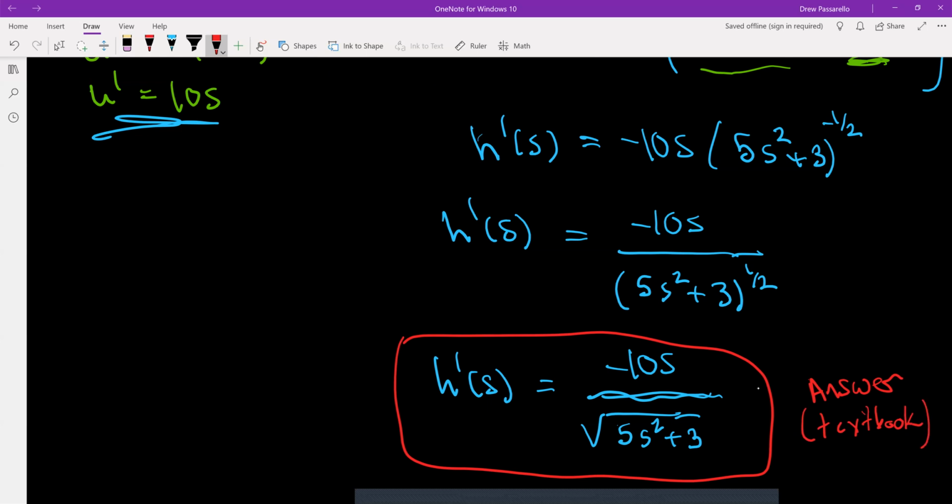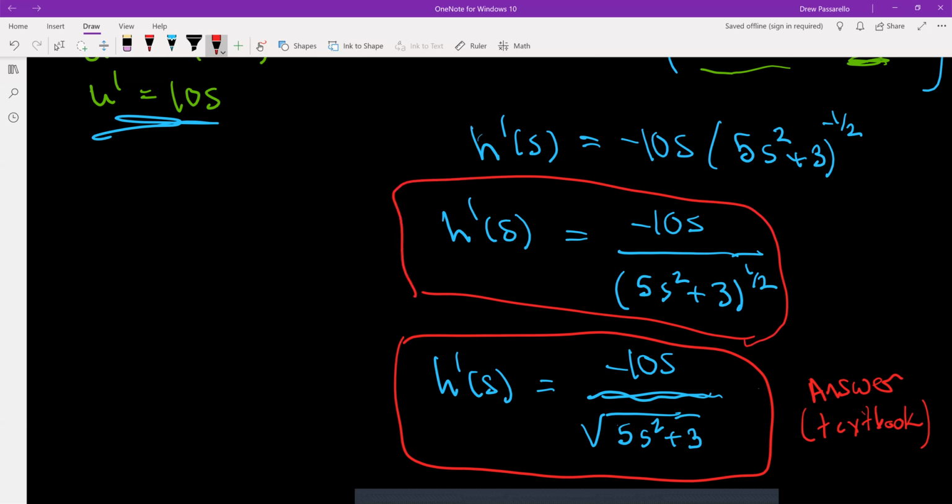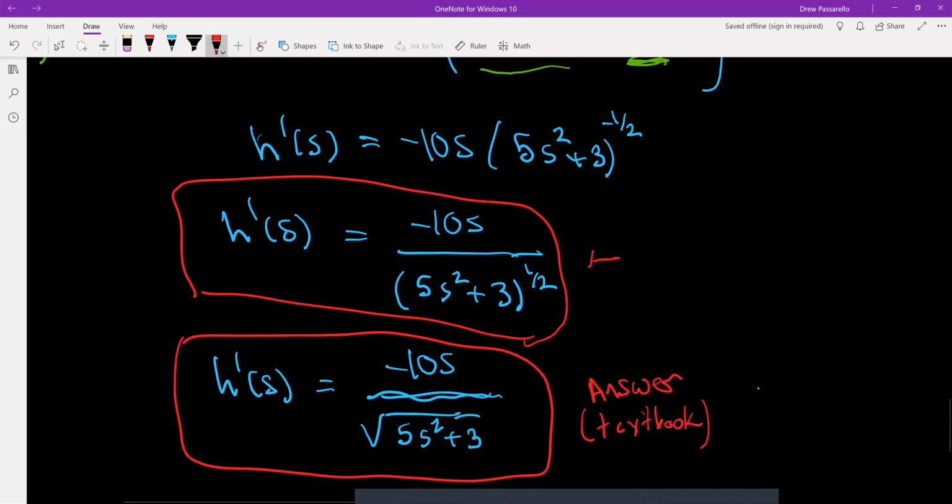I'm also okay with the other form being the answer. Right, so that's number 13.